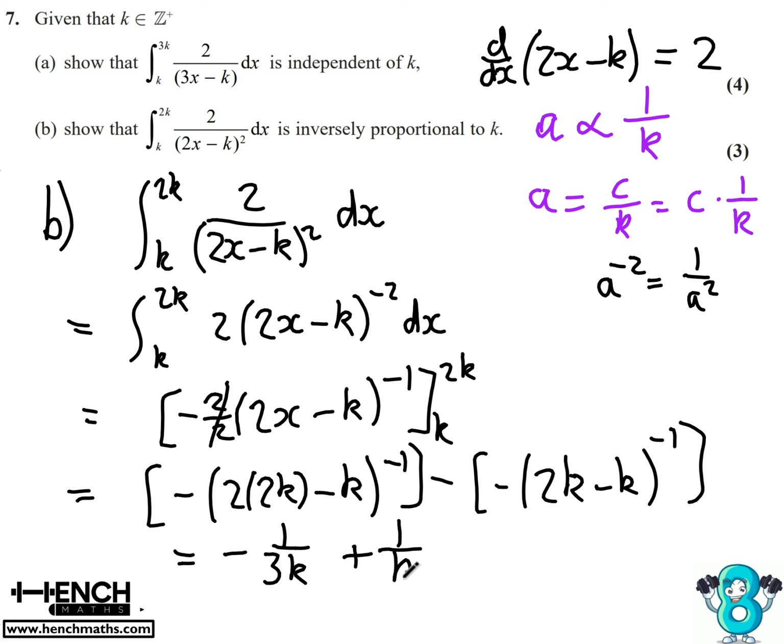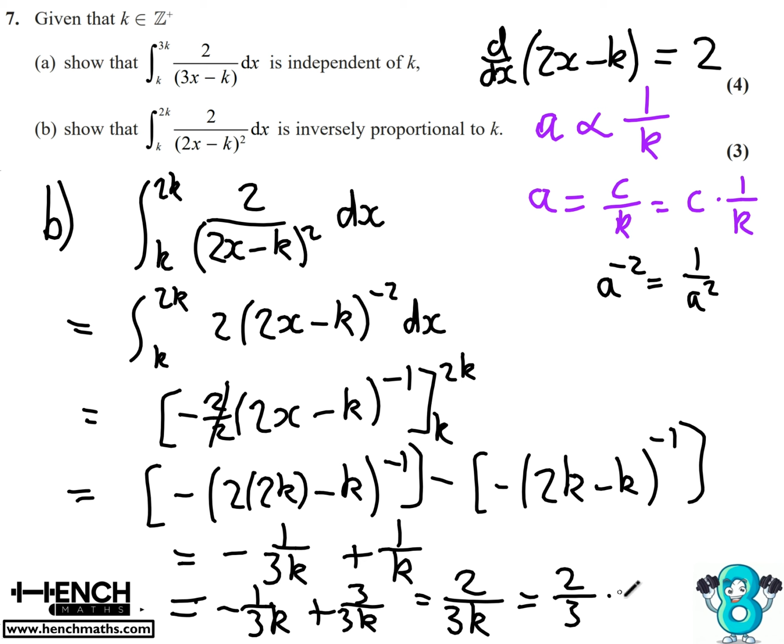So we can actually add these together, use our rules of the common denominator, add fractions. So we could say it's -1 over 3k plus 3 over 3k. And that gives us 2 over 3k, or if you like, 2/3 multiplied by 1 over k.